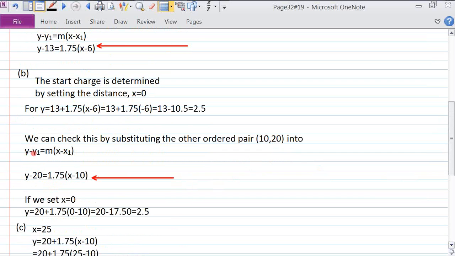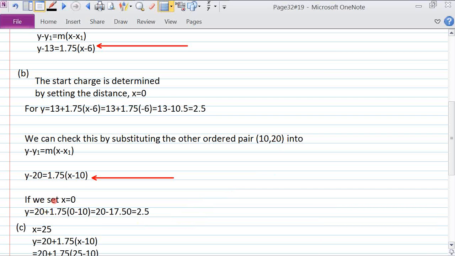So y minus 20 equals m, which is still 1.75, times x minus x1. x1 in this case is 10, y1 is 20.